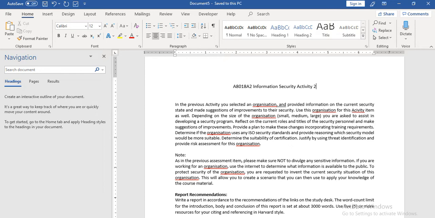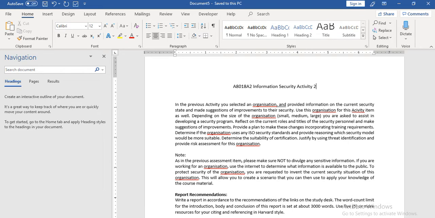Then, physical security training related. The second one is what kind of training related improvements should be made to improve the security of the organization. Then it is about ISO security standards that are followed by the organization. There are certain ISO security standards that every organization follows.